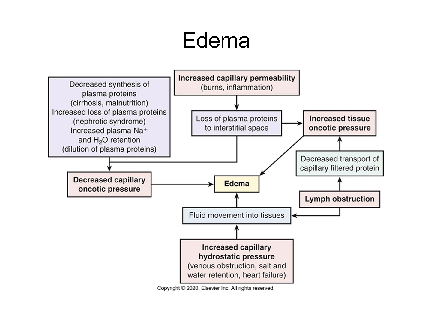Elevated capillary hydrostatic pressure, seen with venous obstruction, salt and water retention, or heart failure, also drives fluid into the tissues. Additionally, lymphatic obstruction decreases the clearance of filtered proteins, leading to increased tissue oncotic pressure and worsening edema.